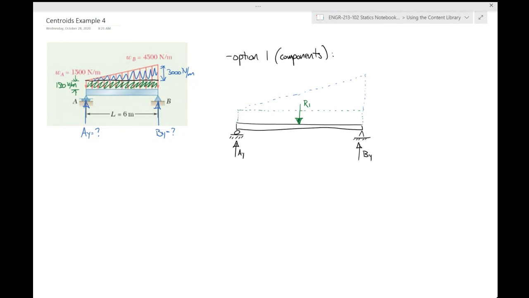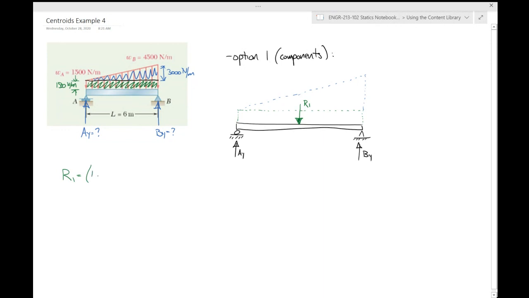Help me out with that. If I have a beam that's 6 meters long and it has 1,500 newtons per meter, how many newtons is that? I promise it's not a trick question. It's just 9,000.